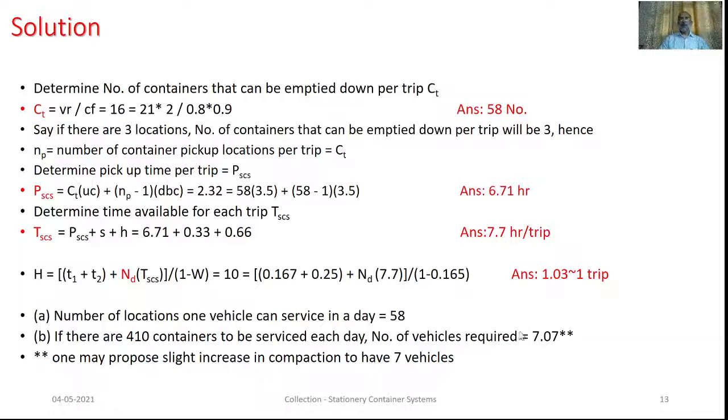So, in order to have those 410 containers served for a day, this fraction can be neglected for the calculation purpose and to deal with the practical constraints by proposing a slight increase in compaction so as to have the 7 vehicles.